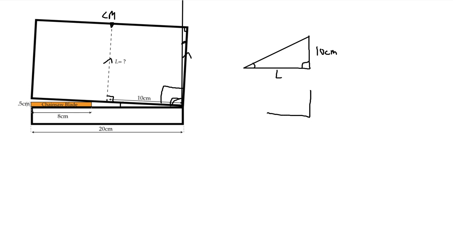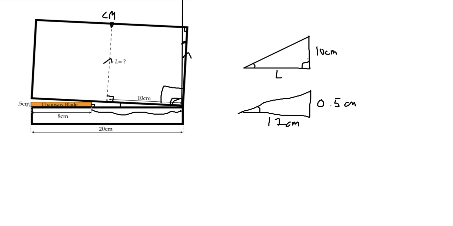So this is a right triangle with 10 and L, but we know in our original triangle we have this right triangle, where the opposite side is 0.5 centimeters. What's the base? The base here is just 20 minus 8 centimeters, so that's 12 centimeters.